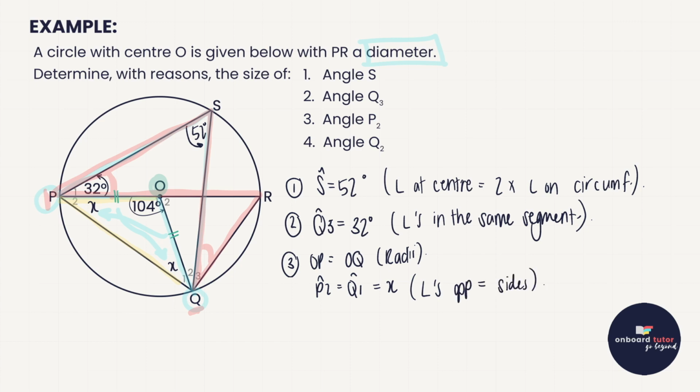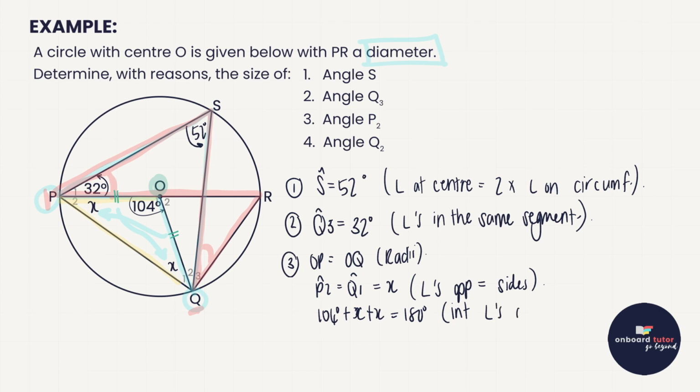Okay, so that's going to be my next statement, is that angle P2 is equal to angle Q1 is equal to X. Okay, and the reason there, angles opposite equal sides. Please be careful with that reason. A lot of students seem to get that one wrong and they write all kinds of strange things. This is the only one that gets you marks. Angles opposite equal sides. Okay, and now we can actually do some calculations because we know what the interior angles of a triangle add up to. So 104 plus 2X equals 180.